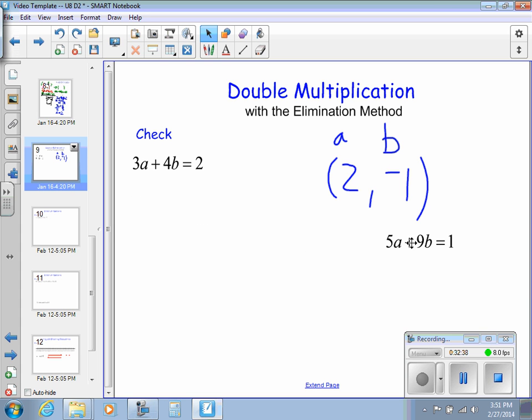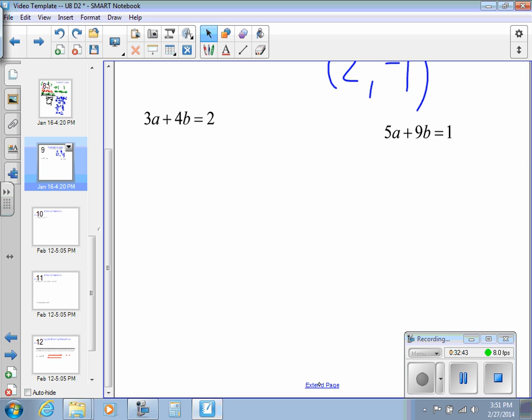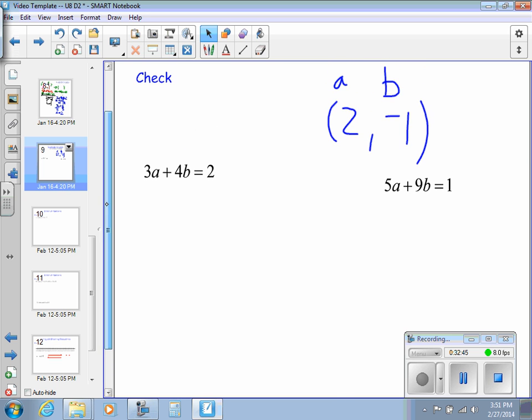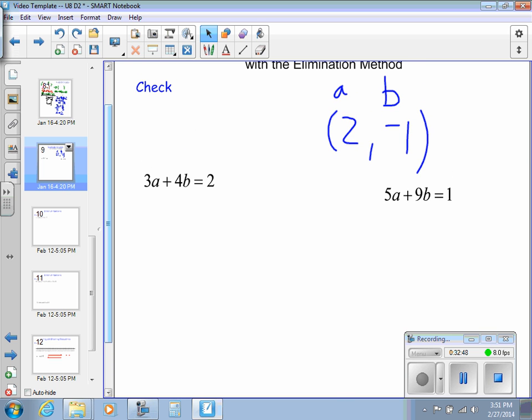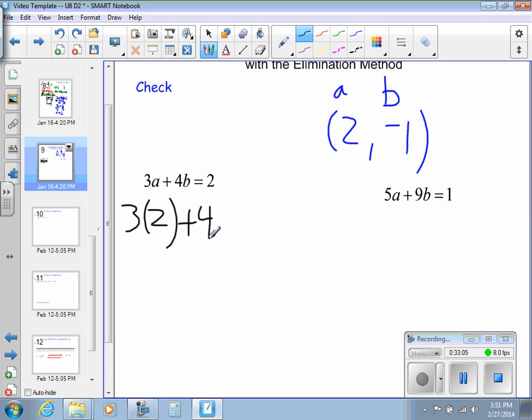Let's take one equation to that side, one equation to this side, so that we can plug it in and check it. So over here, I have 3 times 2. Let me fix that so it is easier to read. 3 times 2 plus 4 times -1 equals 2.